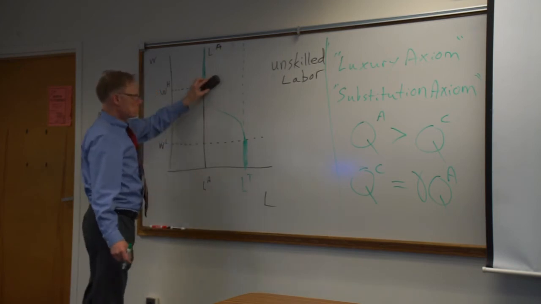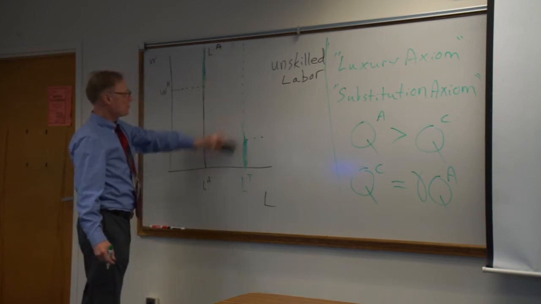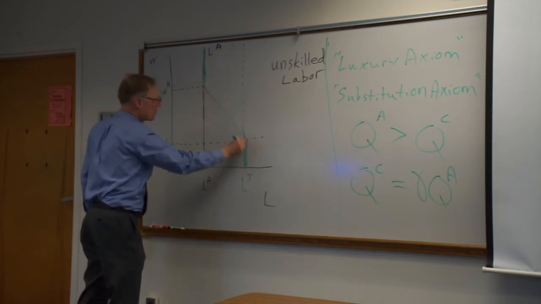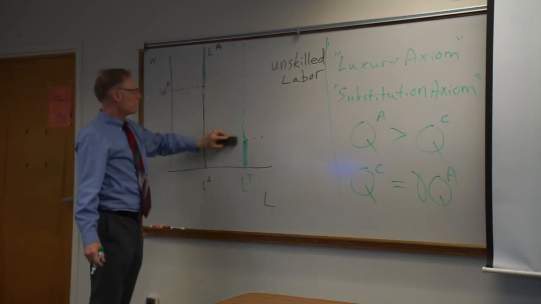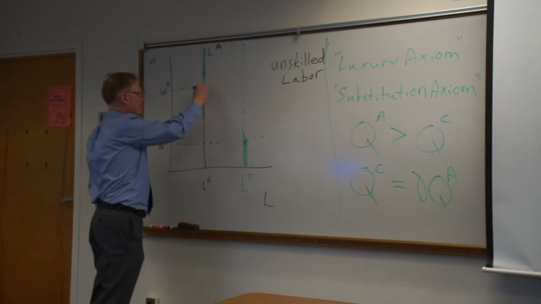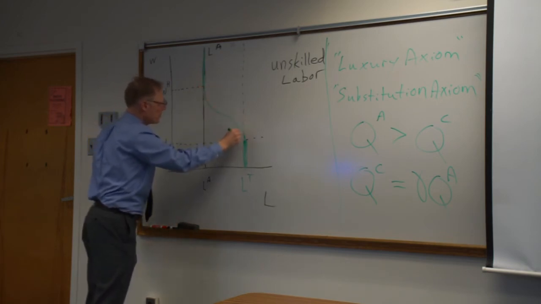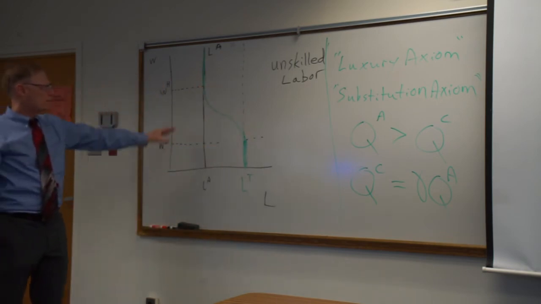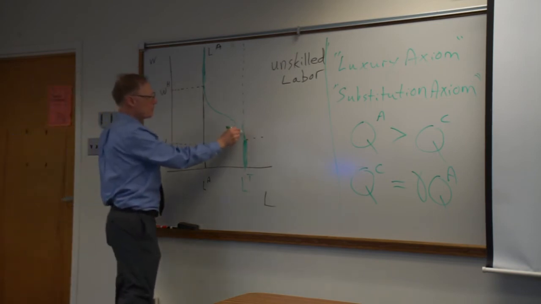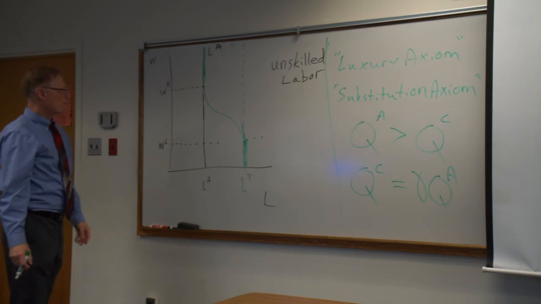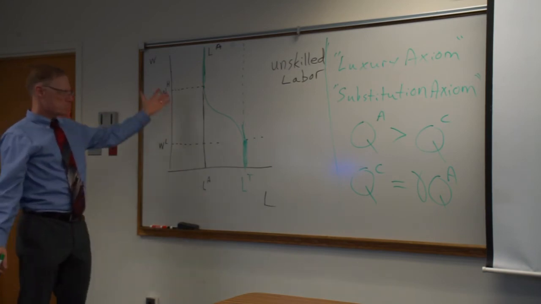It's not necessary that there be an S-shaped curve. Everything works the same if this were a straight line, but the sigmoid or S-shaped type curve is something that is often assumed and is consistent with how we think about this. It's not essential.